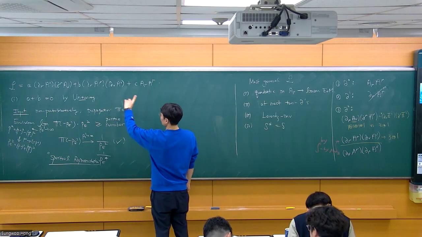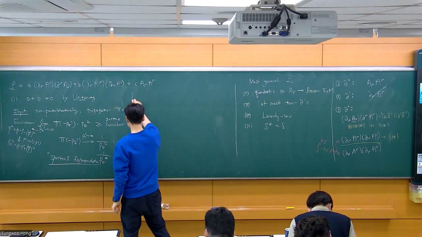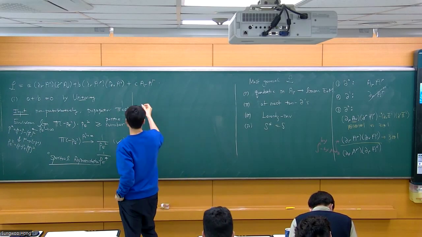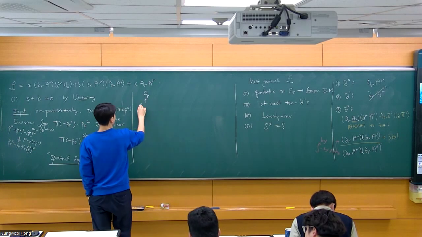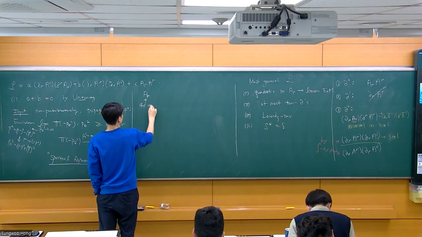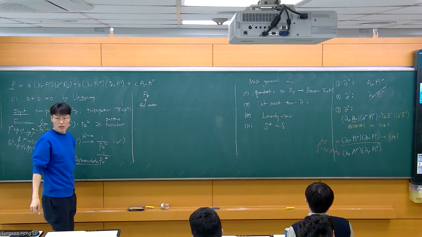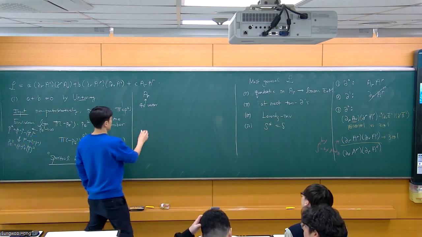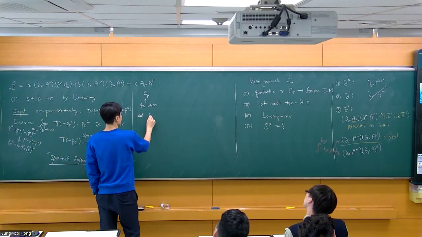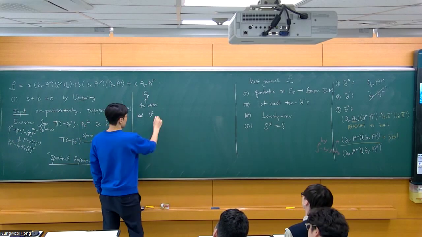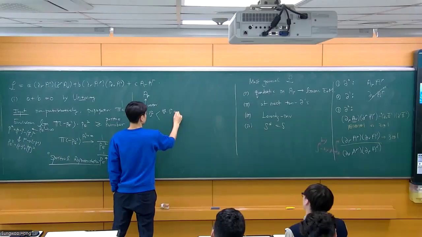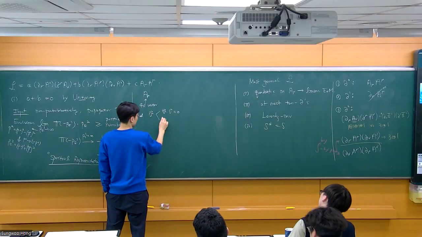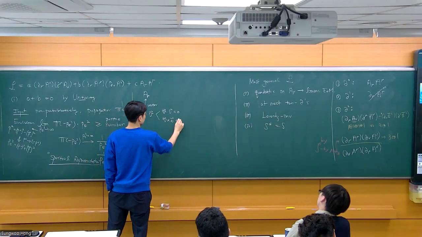Now let's analyze this theory. In order to do that, note that this A mu is a four-vector. And you know from vector calculus, for instance, if you're given a vector, you can decompose it into something that is divergence-free, and then something that is curl-free, right?